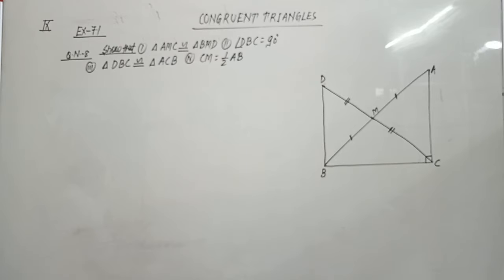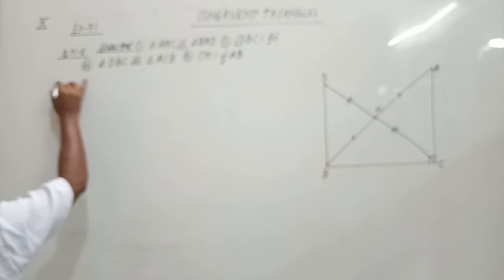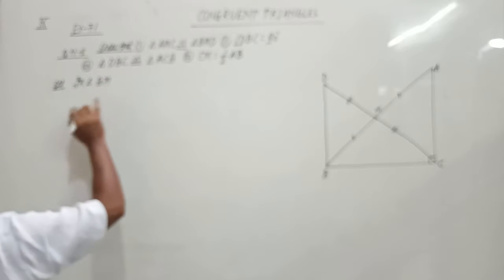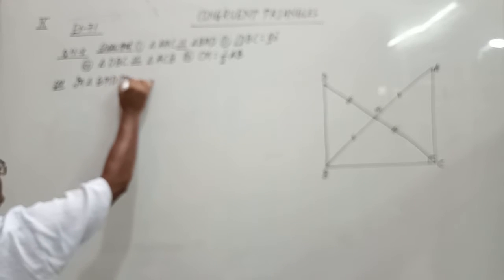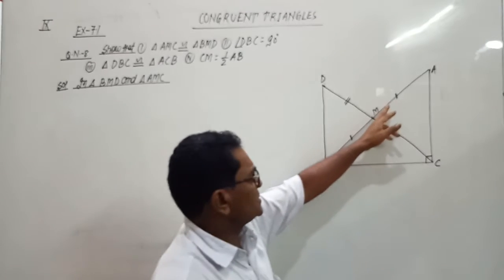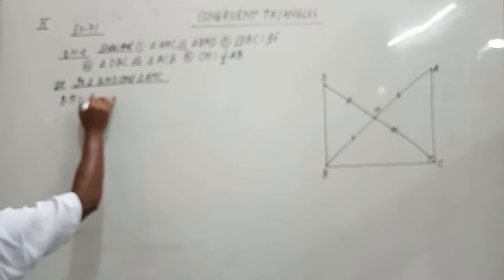So we take two triangles, triangle AMC and triangle BMD. BM equals AM, it is given.